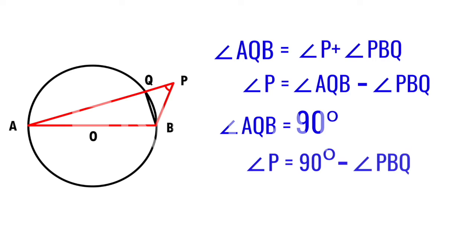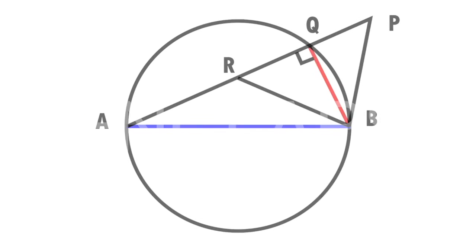So angle P is 90 minus angle PBQ. We can conclude that the angle P is less than 90 degrees. That is, if the end points of the diameter make an angle outside the circle, then it will always be less than 90 degrees. Now let us conclude all the 3 points we learned.